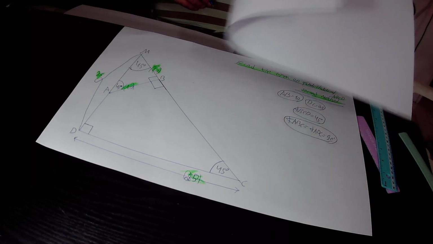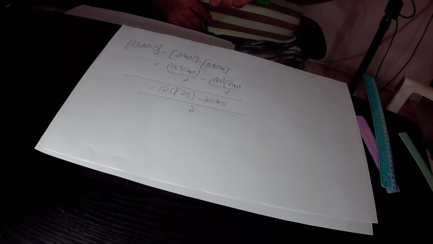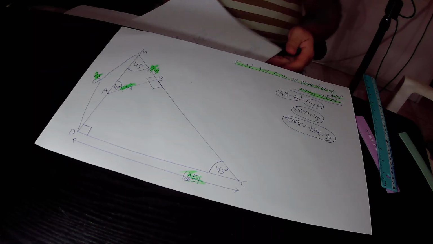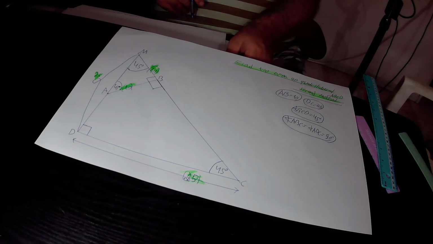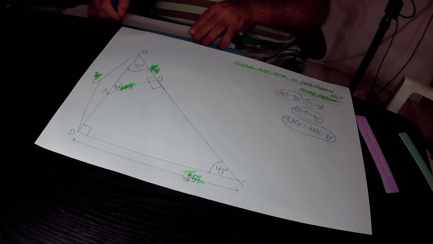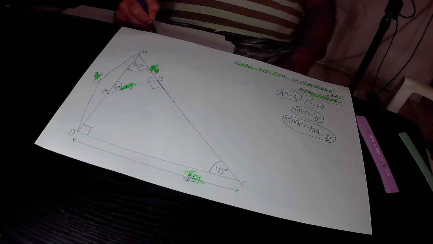So in total, we actually found out that the area of quadrilateral ABCD equals 25 squared minus 10 squared over 2. 25 squared is 625, minus 10 squared, that is 100, divided by 2.